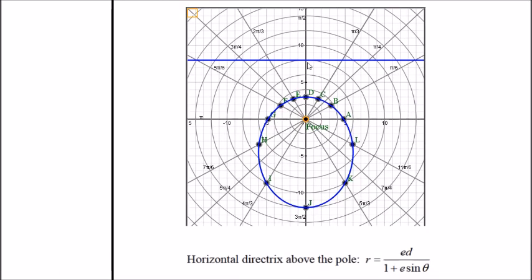And in the last case, if we have a horizontal directrix that is above the pole, then the equation for the ellipse will be R equal to ED divided by 1 plus E sine of theta.